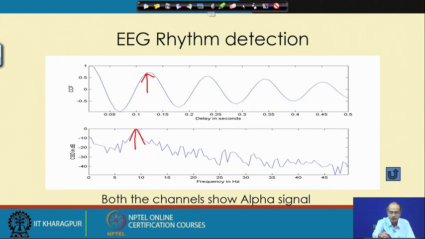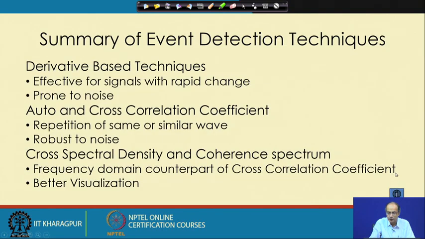Okay. So, we can get that easily, and that cross spectral density and our CCF give us the same amount of information, only the visualization is much easier when we go for the frequency domain.